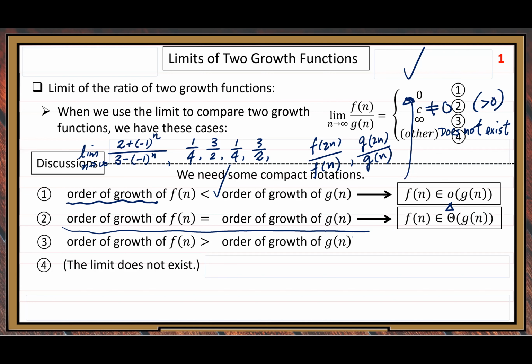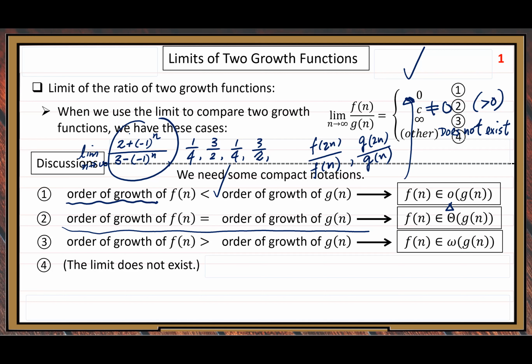Later I will come back to answer this question. Why sometimes is the limit constant c? Sometimes there is no limit. So later I will explain this question. Okay, all right.